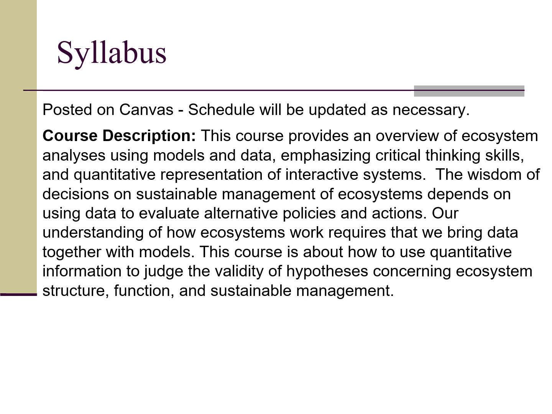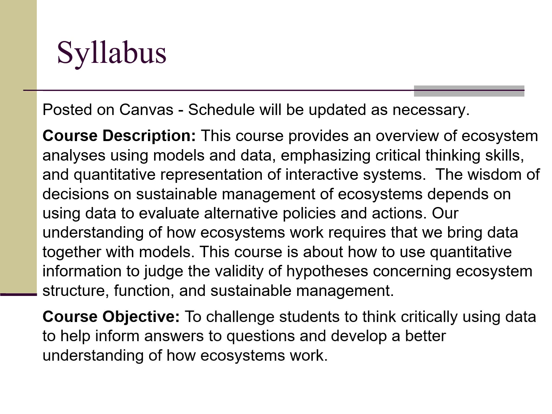And so this course is all about how to use quantitative information to both judge the validity of hypotheses and to develop models concerning ecosystem structure, function, and sustainable management. Our objective is to challenge you to think critically using data so you can inform your answers to questions and develop better understanding about how ecosystems work.